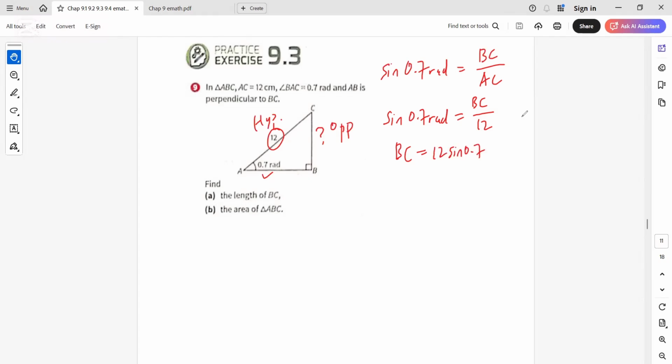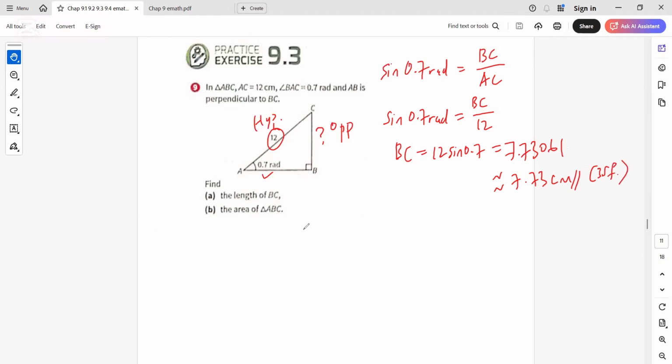Take note, you should be using your calculator, and of course you need to change it to radian mode. So 12 sine 0.7 will give us 7.73061, round off to 7.73 cm, 3 SF. So this is for part A.